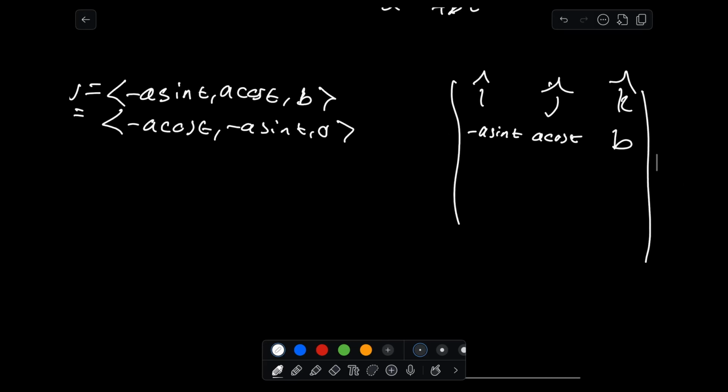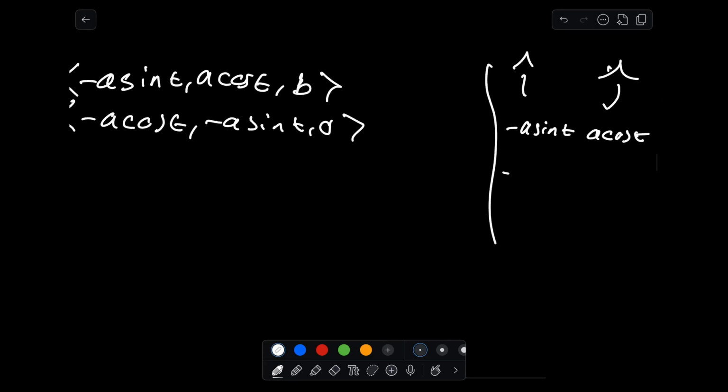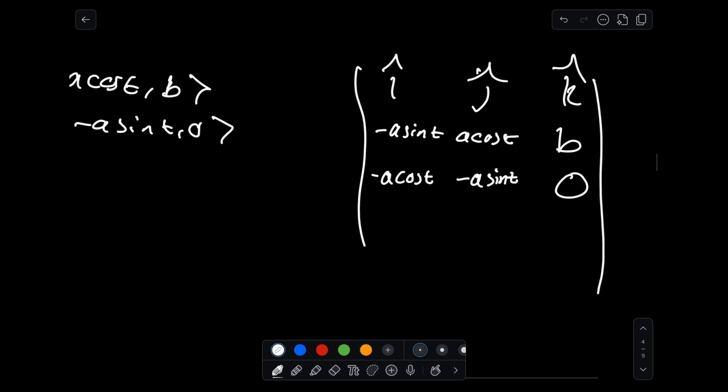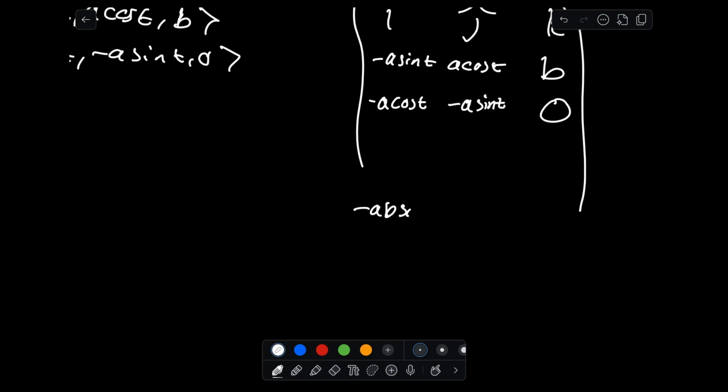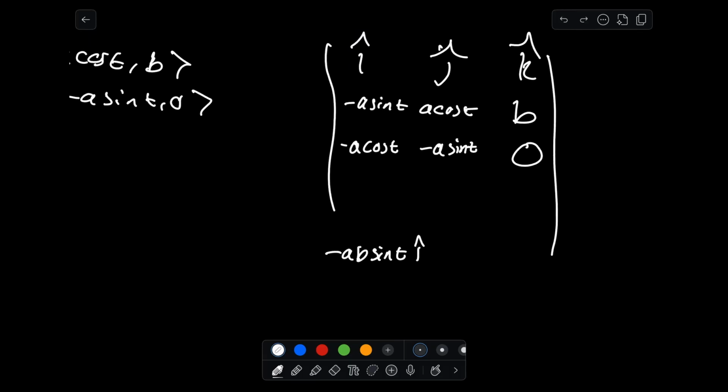And we just got to put in our acceleration component. It's going to be negative A cos T, negative A sine T, and 0. So let's just use our thumb rule, where we just cover over the i hat, j hat, and k hat components. So then I get negative AB sine T i hat minus AB cosine T j hat, and it's going to be two negatives here.